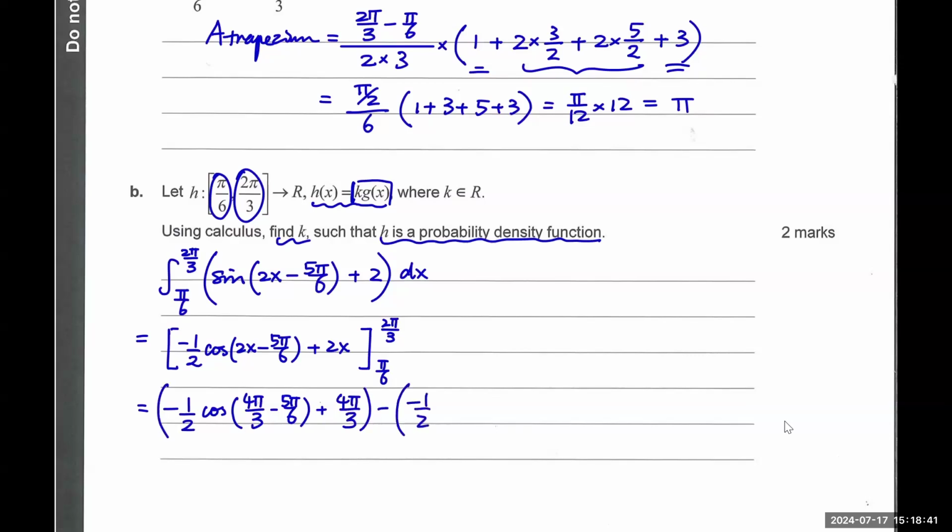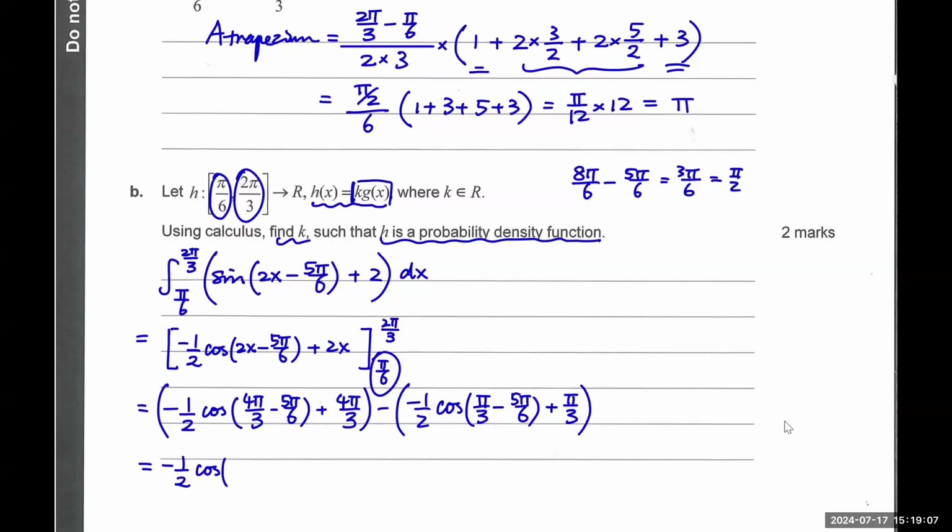Subtracting minus half cosine of pi over 3 minus 5 pi over 6 plus pi over 3, because you're doubling pi over 6. So eventually, let's see how we go. Minus half cosine. Well, 4 pi over 3 is like 8 pi over 6 minus 5 pi over 6. This is a very convenient value, 3 pi over 6, which is half pi. Cosine half pi is 0.